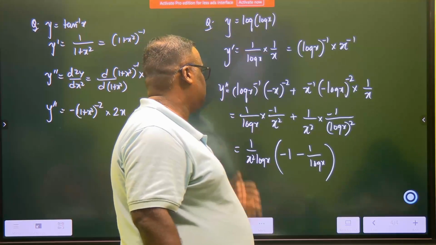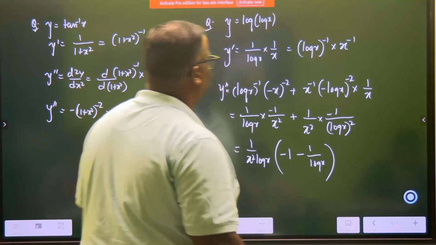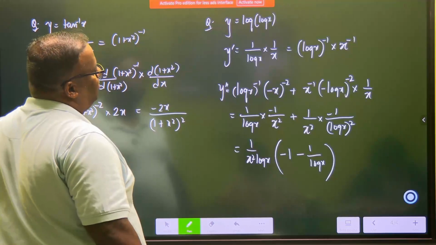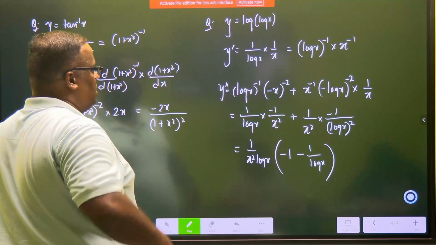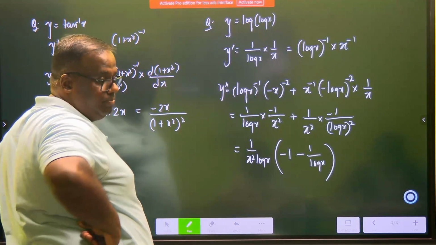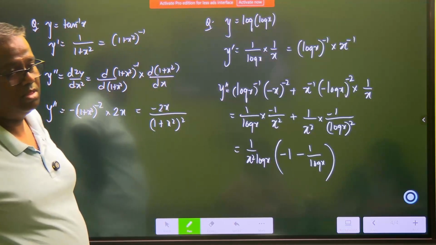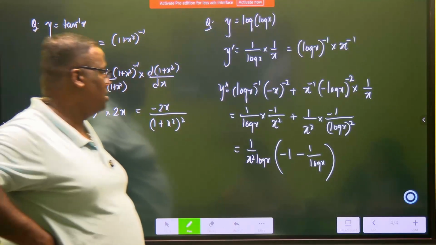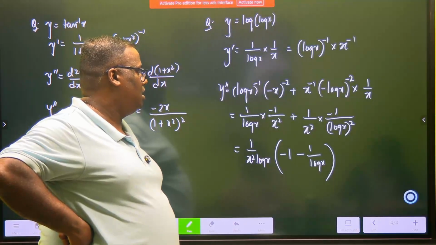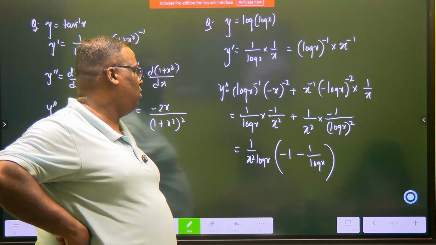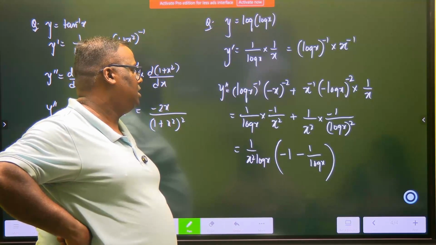X square log x. Check the answer once, Neha. Negative 1 plus log x by x log x whole square. X log x whole square.